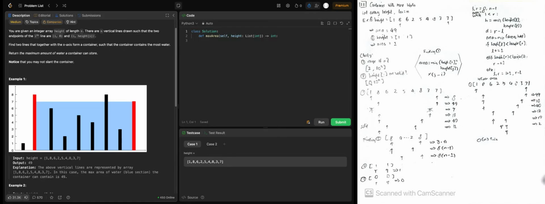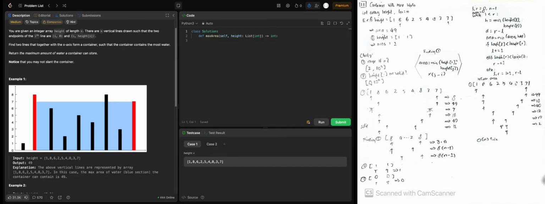Here we will initially have 1 and 7, which is pretty small. Then we move it to the right. Then this would get us 49. And then if we move on, the right one will move.